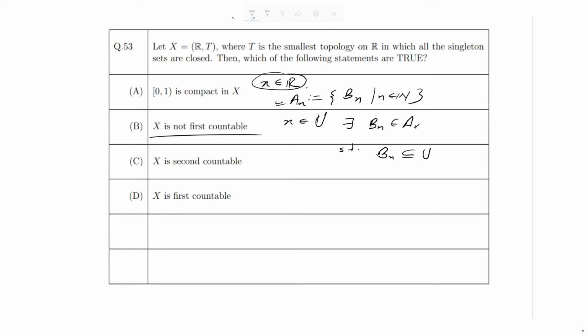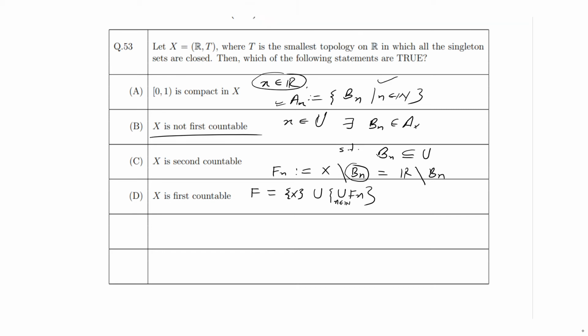So now let us consider Fn, which is defined as X minus Bn, or R minus Bn. Now we define a new set F which contains the singleton X and the union of all Fn, n belongs to the natural numbers. Now what we are seeing here is that Bn is an open set.